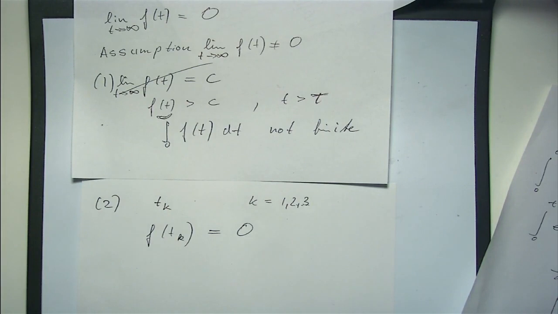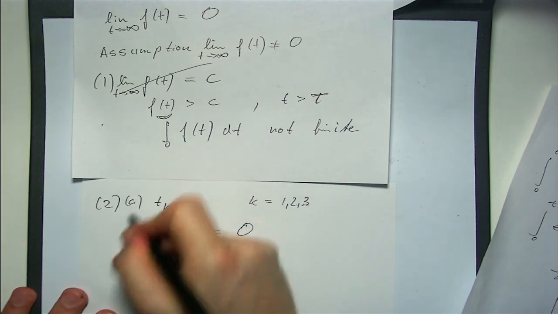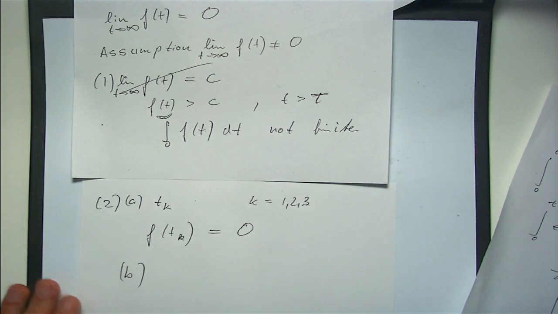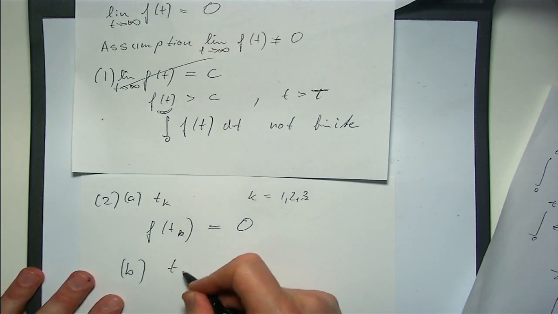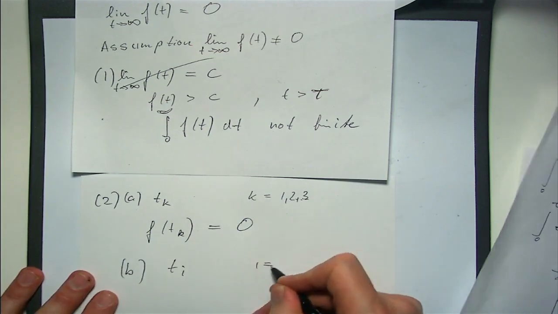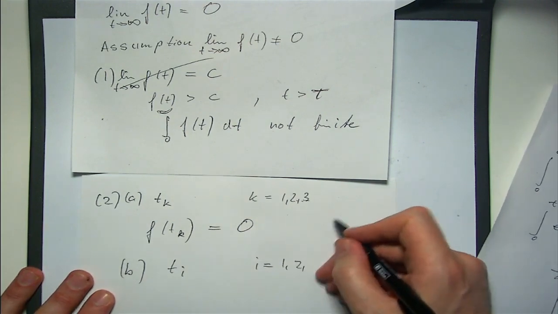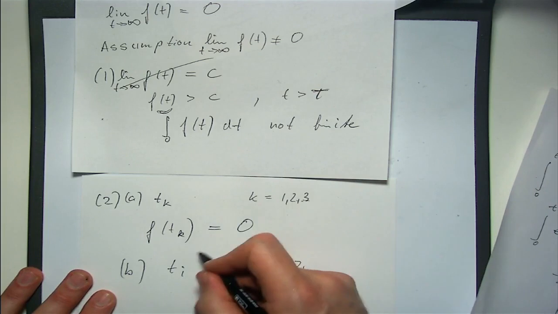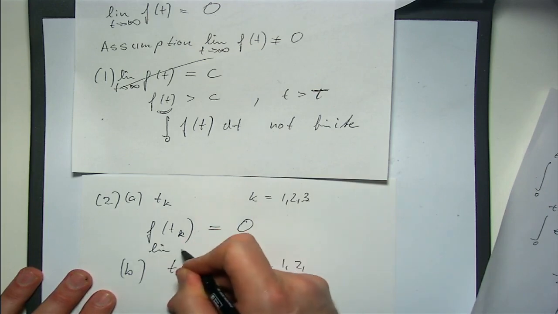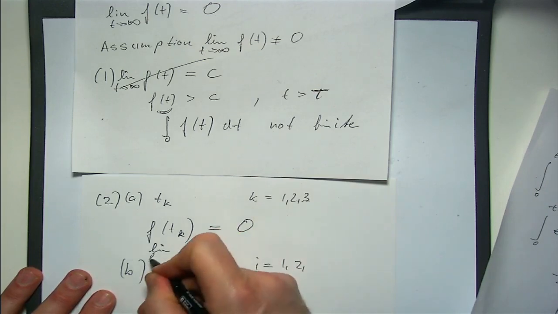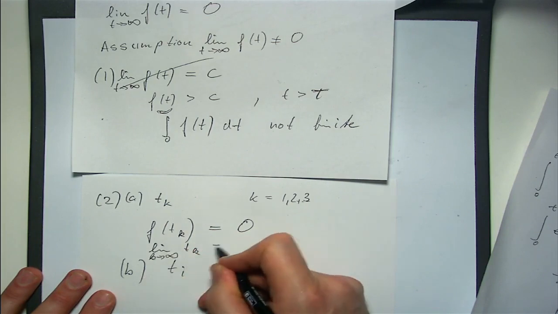But then there must also be others, because we are assuming we are not converging towards 0. There must also be some t_i, i equals 1, 2, and the limit of t_k as k towards infinity is also infinity.